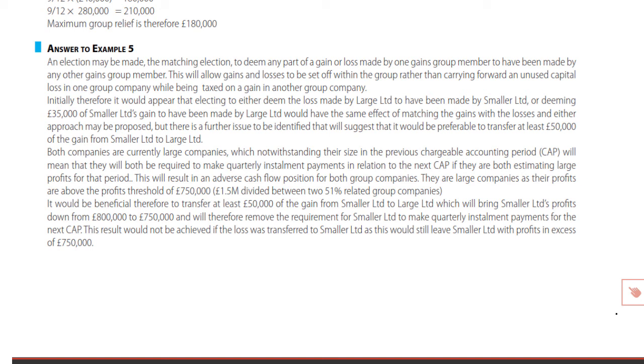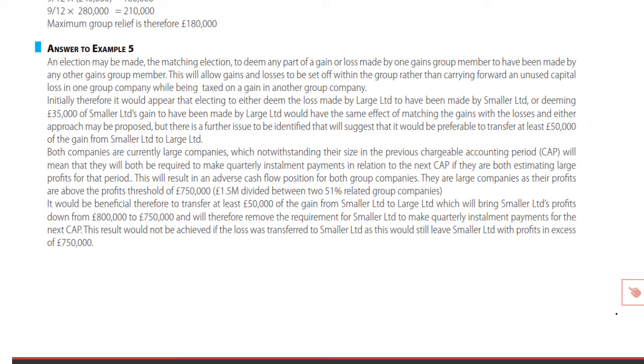Okay, so here therefore we're going to have to reduce the profits of Smaller from 800,000 down to a maximum £750,000. Now, you can go lower if you like, but if we bring it down to 750, it will not exceed the profit limit, and therefore quarterly instalment payments would not now be required for the current period, and therefore neither would they be required for the next period, irrespective of whether we were estimating that period to be large or otherwise.